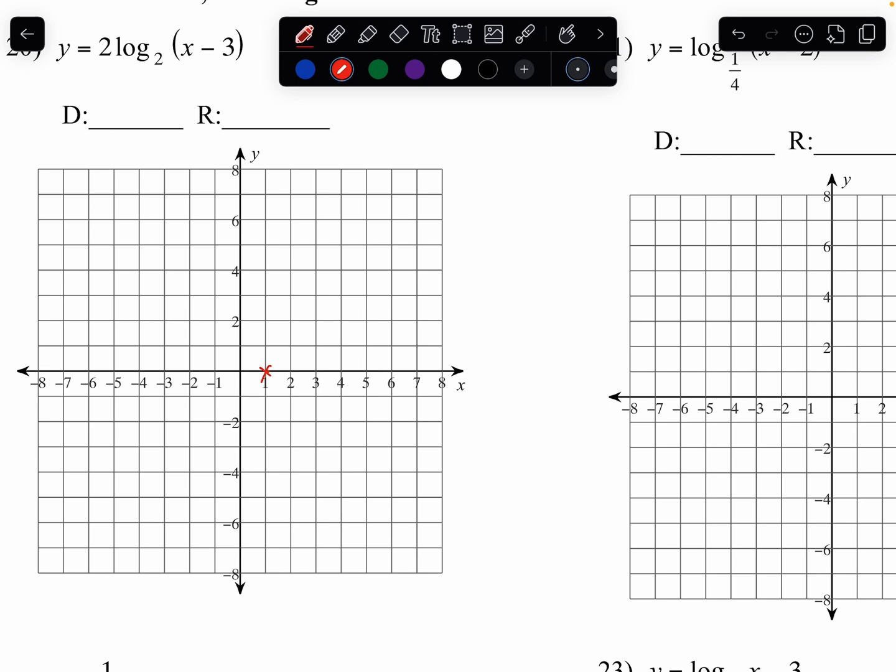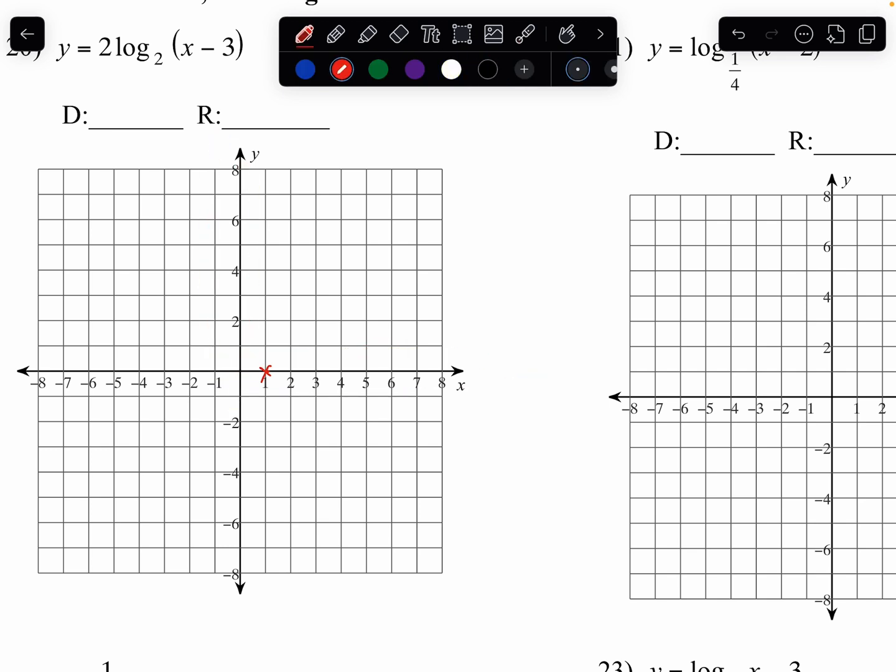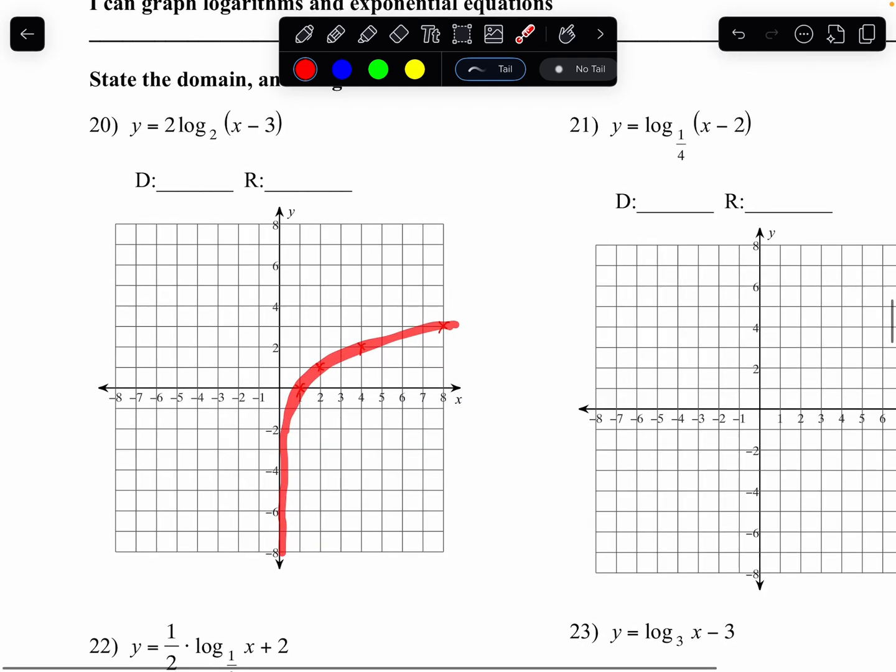So think about like you're doubling in the x rather than in the y. And so 1, 2, and then at 4, and then at 8 accordingly. So this would be the points for the log of base 2.